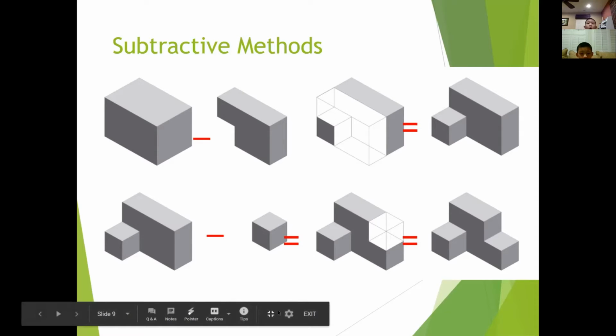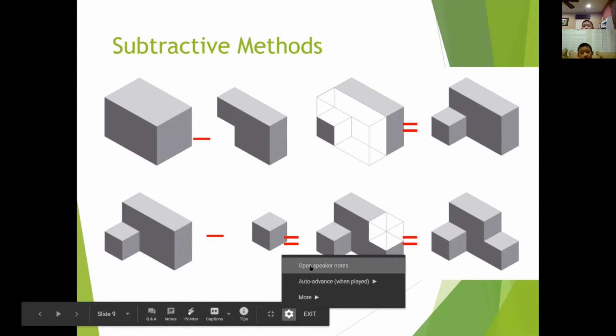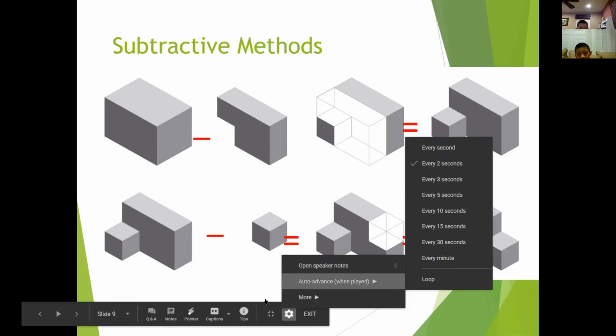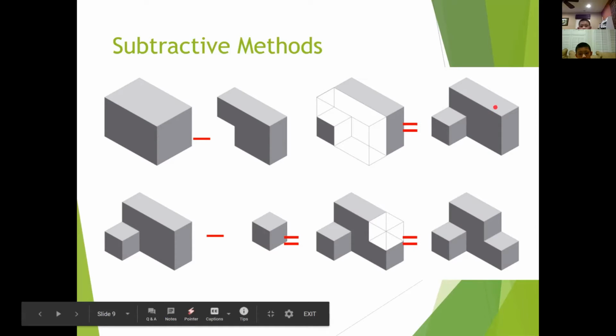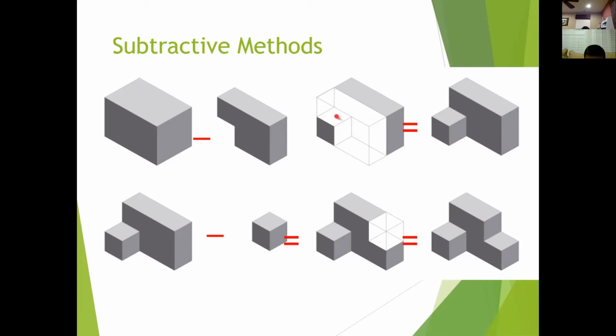Basically, this part right here, there's no way I can subtract it in one step, because all the subtracting has to be the same depth. And if I want to take this part out right here, that will be a little bit deeper than if I just take this part out, right? Oh, same depth. Okay. So that would not be possible.